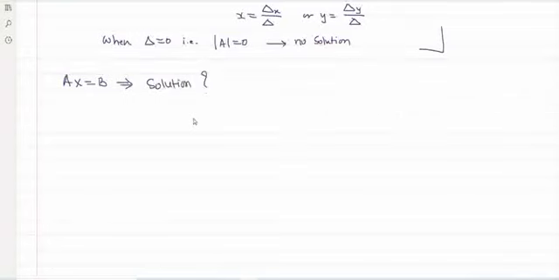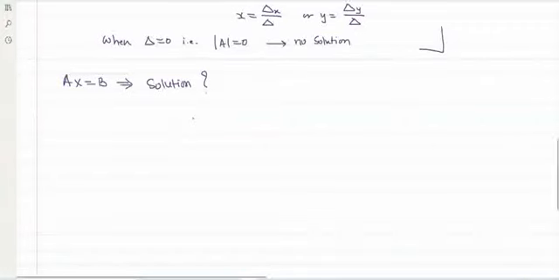Every time a solution exists or not, that you have to decide. Up to 12th you have studied 3 by 3 or 2 by 2 matrices, and the determinant can easily be evaluated. Suppose 5 equations are given, then it becomes complicated to identify whether a solution exists or not.